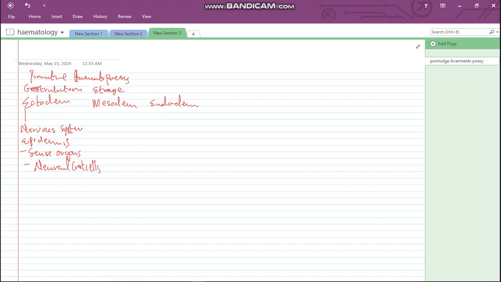Then the mesoderm results in the formation of the musculoskeletal system, the cardiovascular system, the reproductive system, and the excretory system.